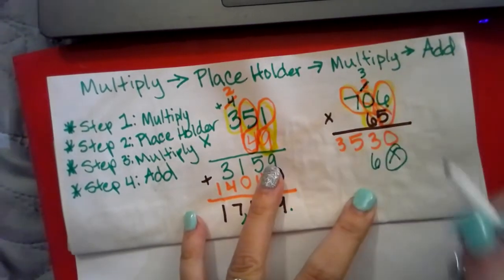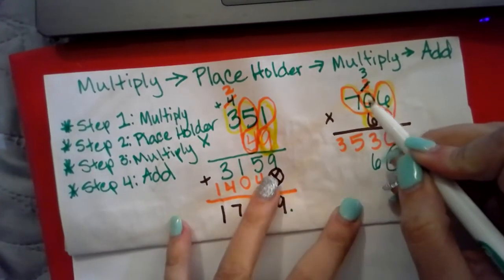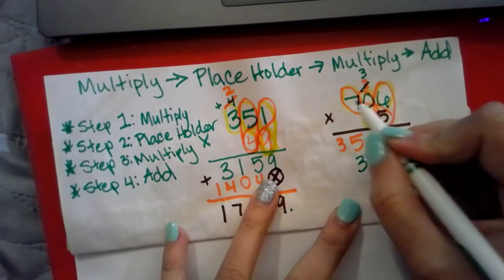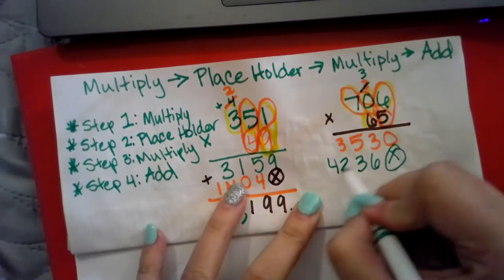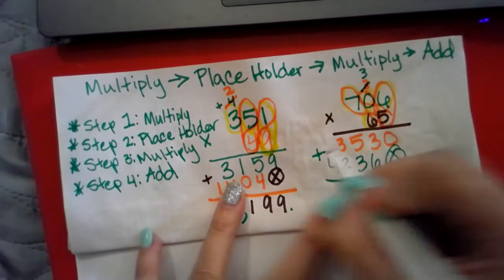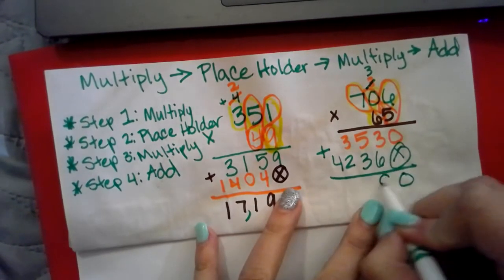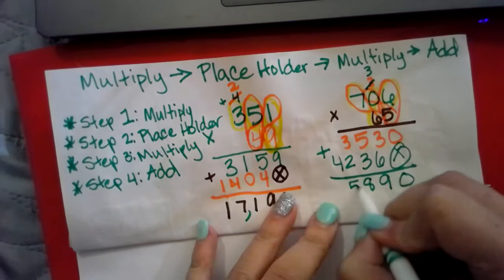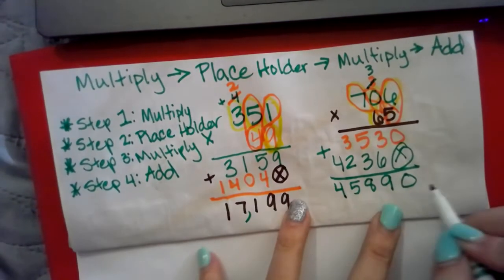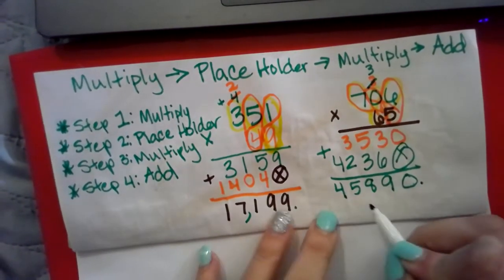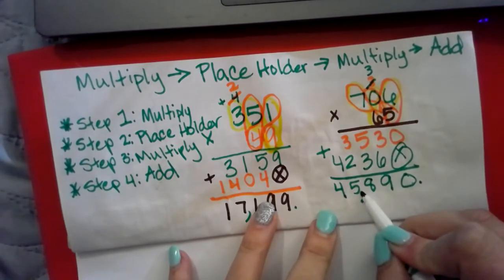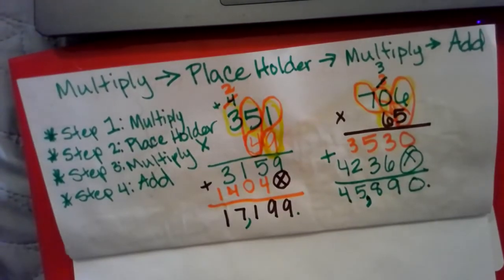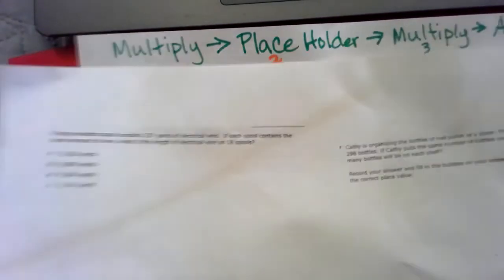I've already used that one, so I'm going to mark it off. 6 times 0 is 0 plus 3 is 3. 6 times 7, 42. And then I'm going to add that up. I get 0, 9, 8, 5, 4. Don't see a decimal. I know it goes at the end, and I know after 3 digits, I should have a comma. Very good.